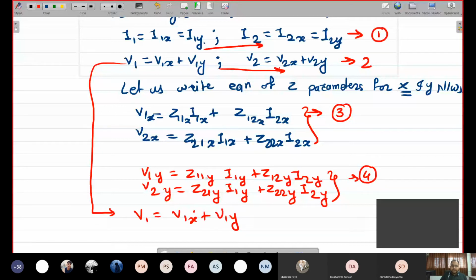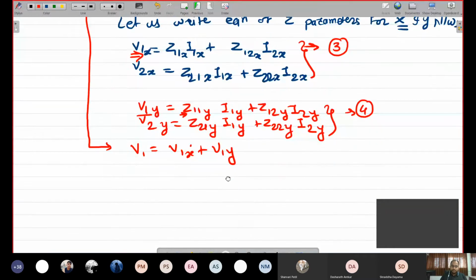Okay, and what is V1x? V1x has this as its equation. So Z11x into I1x plus Z12x into I2x, right? And what about V1y? This is the equation, right? So those equations only you have to put over here. Are you getting it?